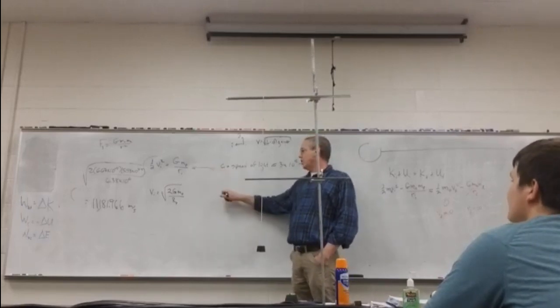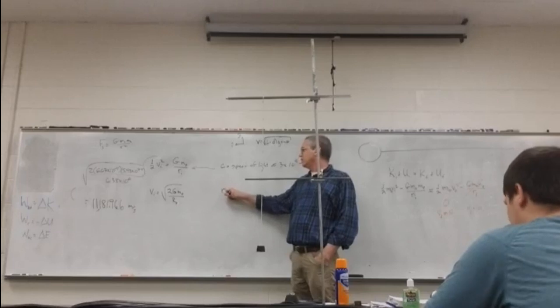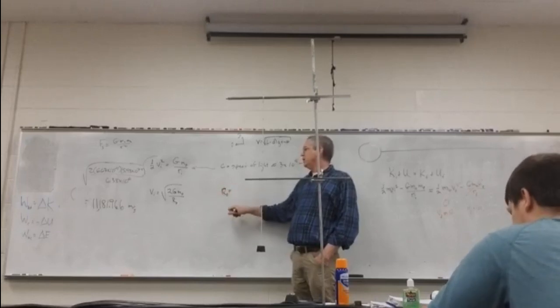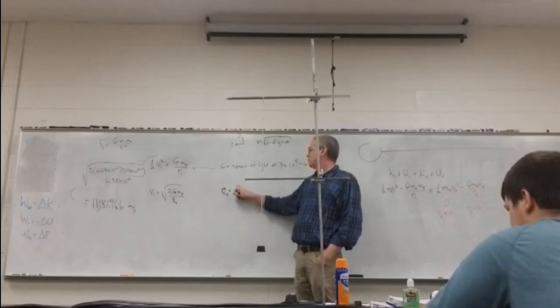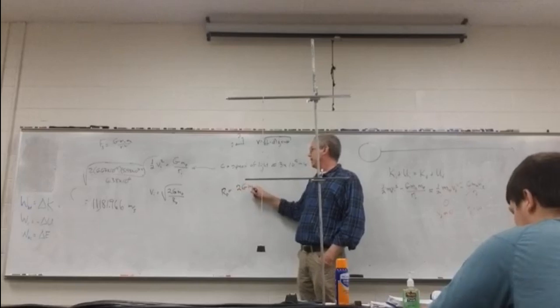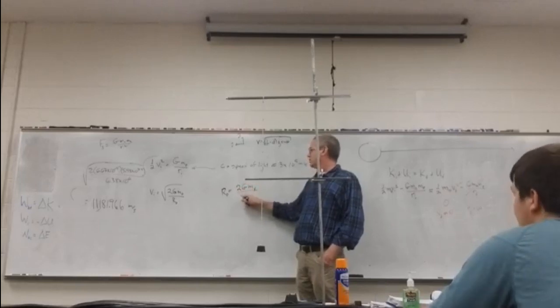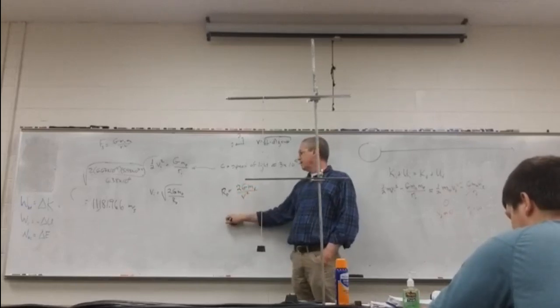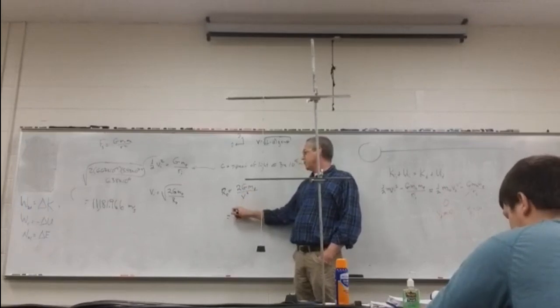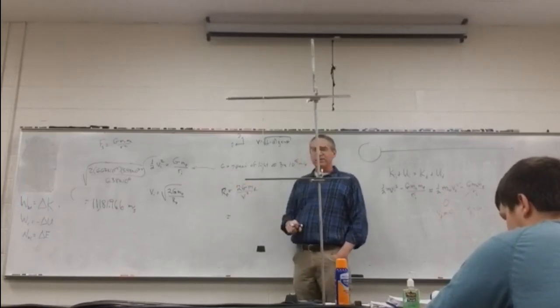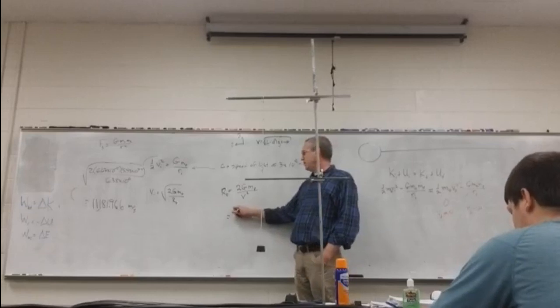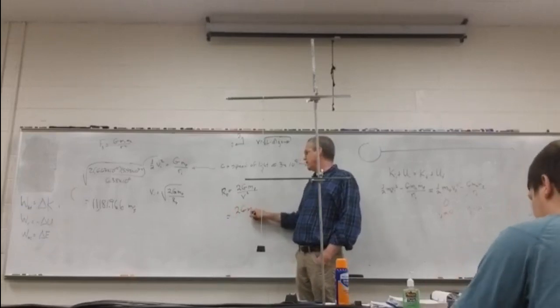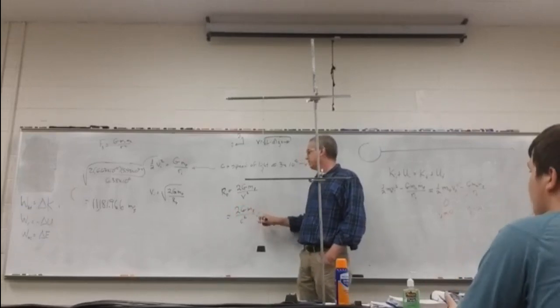Well, we're going to solve for r there. So r, the radius of the planet, would be equal to 2G mass of the planet over the escape speed squared, and taking into account the fact that there is a maximum speed, this becomes 2G mass of the planet over c squared.